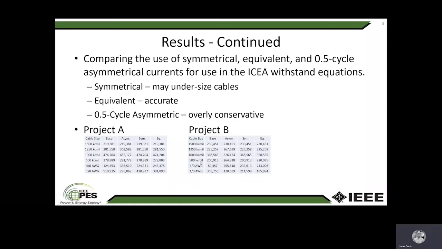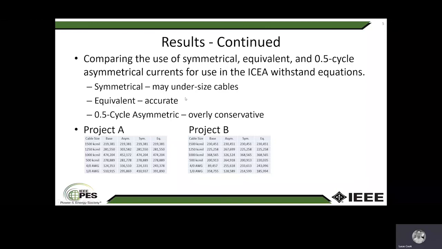Looking at project B here, you see it is even more severe. We have 1/0 that gets upsized to 4/0 and some 4/0 that gets upsized to 500. So it's pretty clear here that the equivalent method, the more accurate method, can result in larger cable sizes on your project.